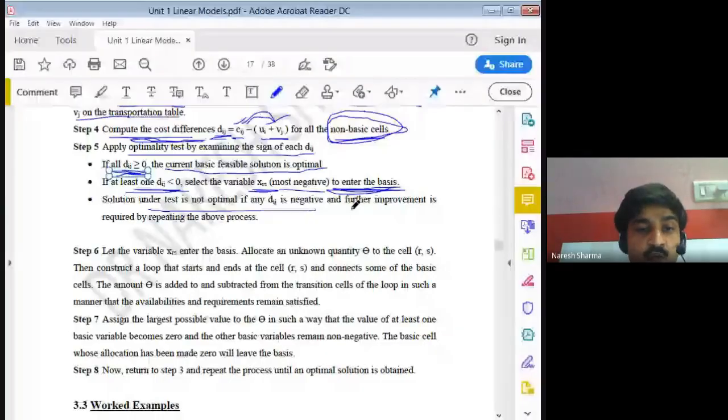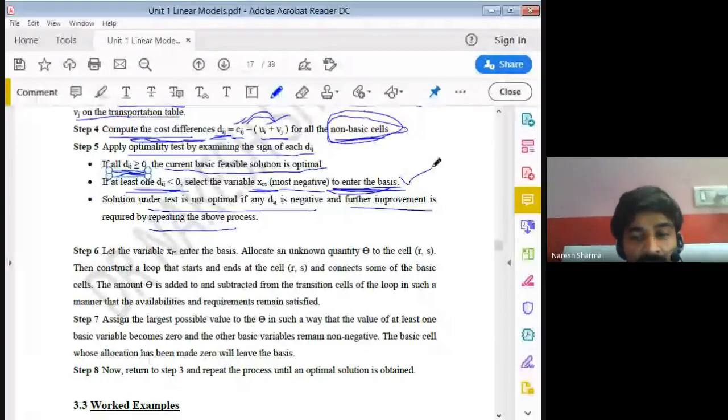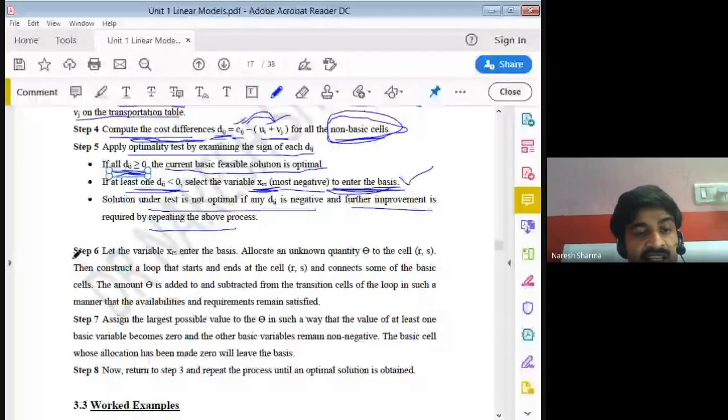And how do we do that improvement? We enter that negative location variable into your basic cell. How we do that is the next question. So for that we go to step 6. Step 6 says the variable XRS enters the basic cell now.